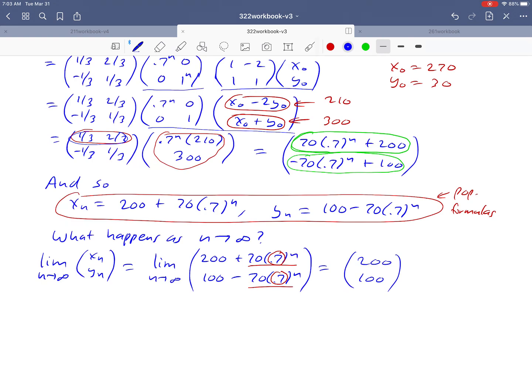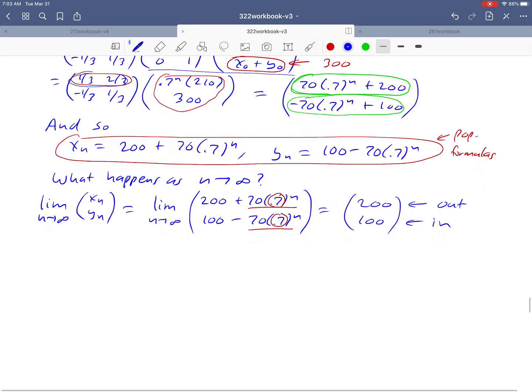What does that really mean? Well, again, what we're seeing up here is populations outside, and down here populations inside. And so this is giving us what the ending populations are going to be, the long-run populations both inside and outside of California. So we could summarize this by maybe saying something like this.